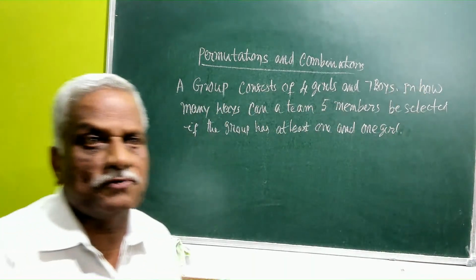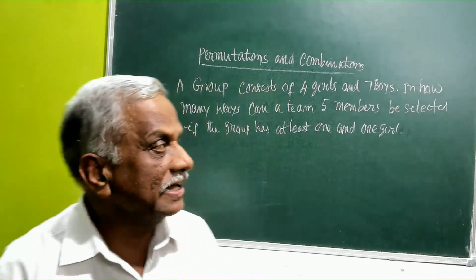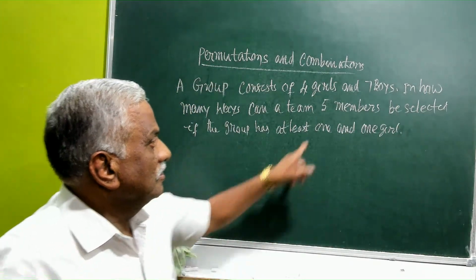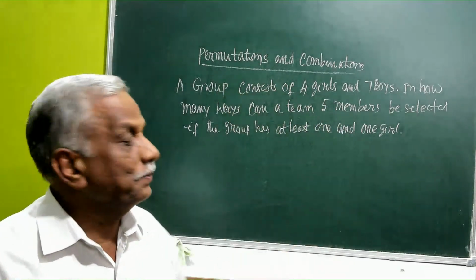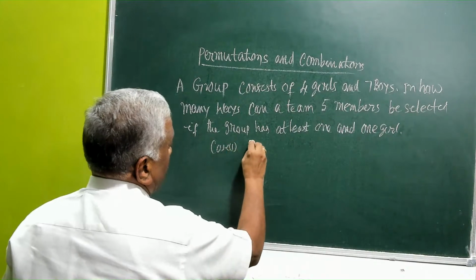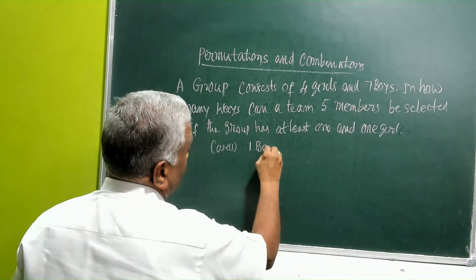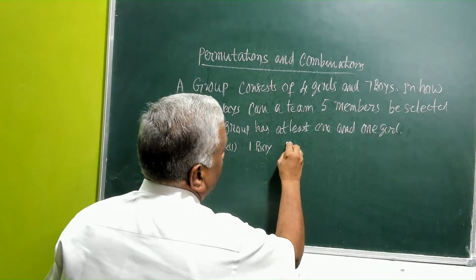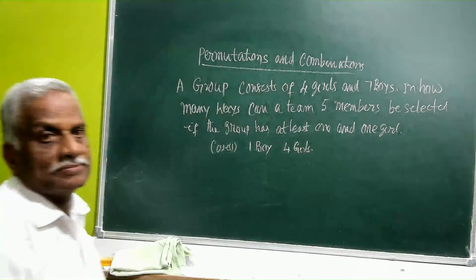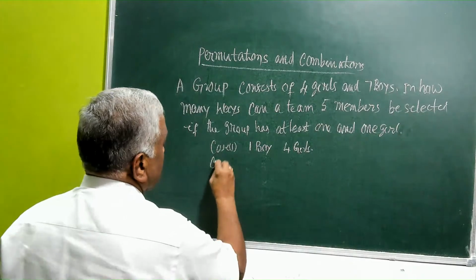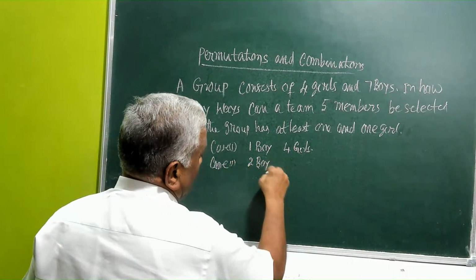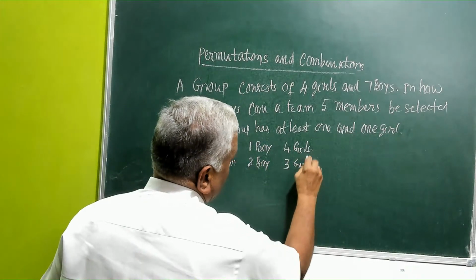The only thing is you have got to first analyze the problem clearly. There are 4 girls and 7 boys. You have to select a committee of 5 people. What are the possible cases you should decide? You can select one boy and 4 girls. That is one team. The second case is you can select 2 boys and 3 girls.